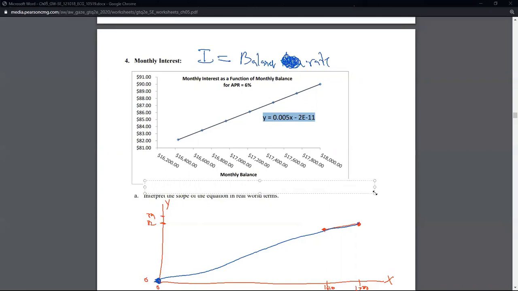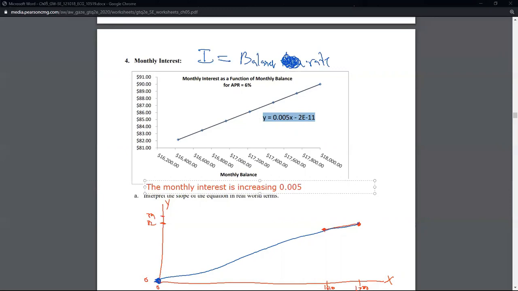And we would say that the monthly interest is increasing, changing by, now you use the slope, which is the number in front of the x, and I don't know why I'm pointing with my finger because I don't have the pen in my hand, 0.005, so by 0.005.